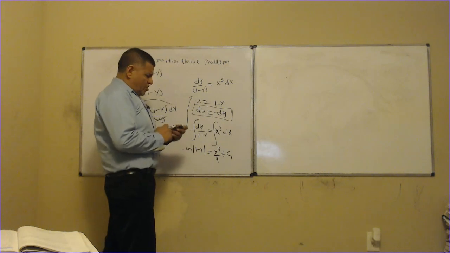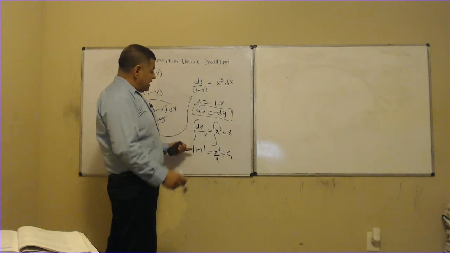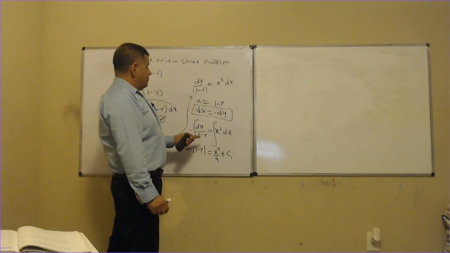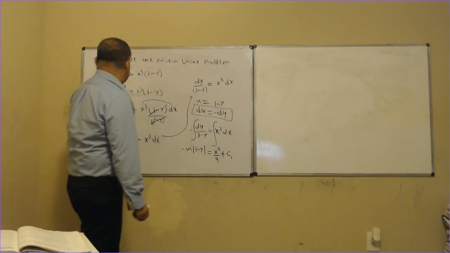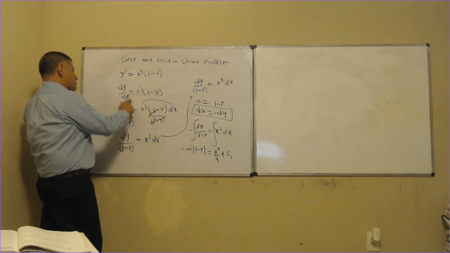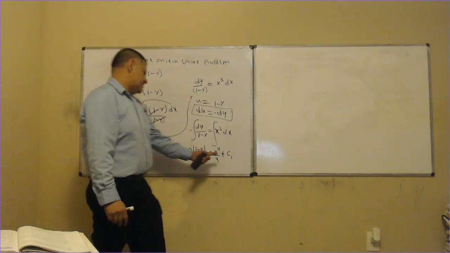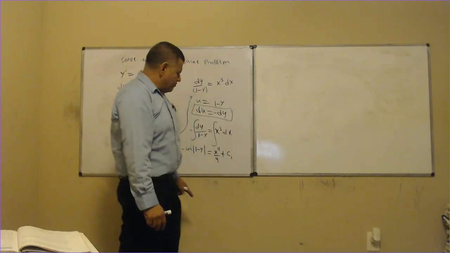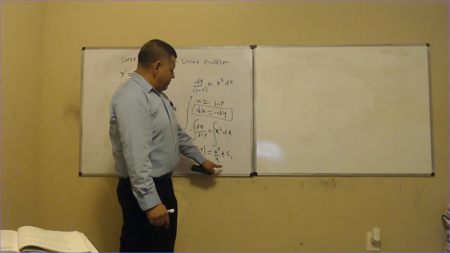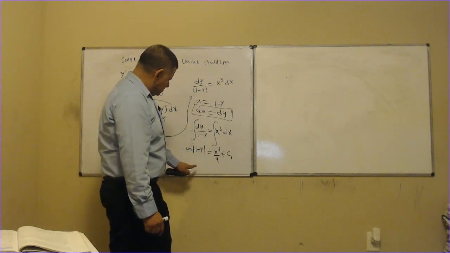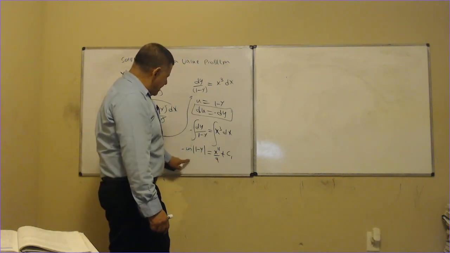And in this problem, the equation is a first order differential equation. Why is it a first order differential equation? Because we have one derivative only, right? First order. So a C1 will be fine at the moment. Right? So now let's do this.